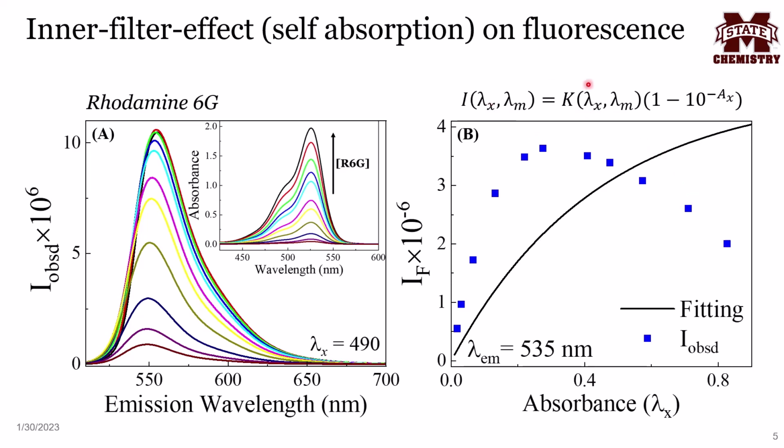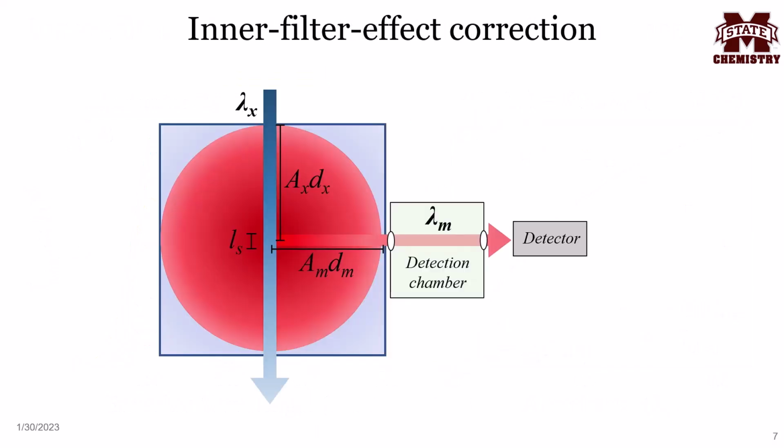The textbook model for fitting the absorbance and fluorescence, which was mentioned before, is shown by the black line. This highlights the poor fitting of the previous model. It is really easy to see, compared to the actual data and experimental model, that there is strong deviation due to the inner filter effect in real-life experimentation.